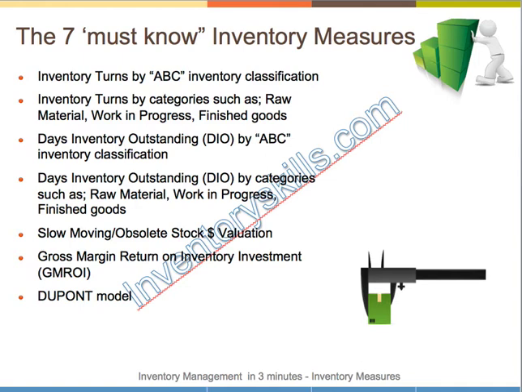So the gross margin return on investment is really a great way of identifying items that you might need to derange. Now the Dupont model is a visual view of your organisation's finances, which calculates return on assets, which is really quite simply a ratio between your net profit and your asset turnover. Now asset turnover involves inventory.